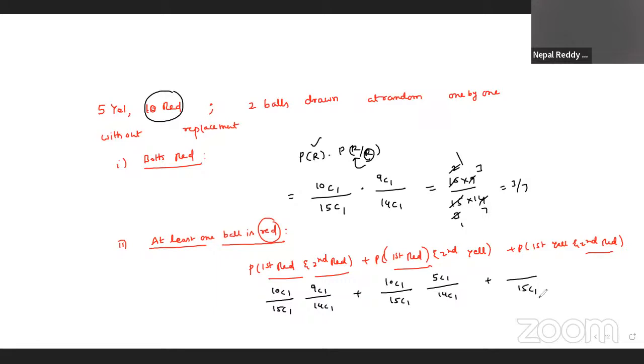Next here, 15C1, first yellow, 5C1. Without replacement, so that 14C1. Now red from 10C1. So this is the result. Next question.